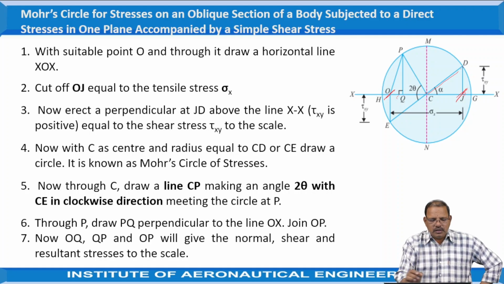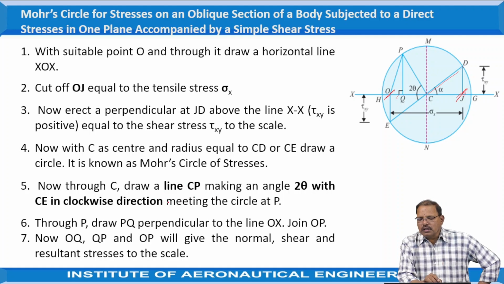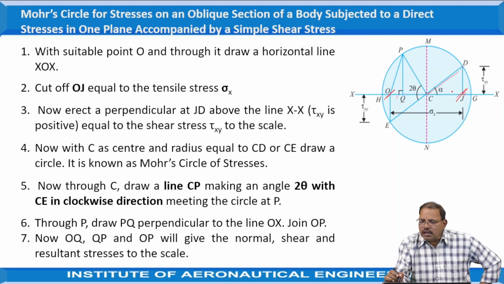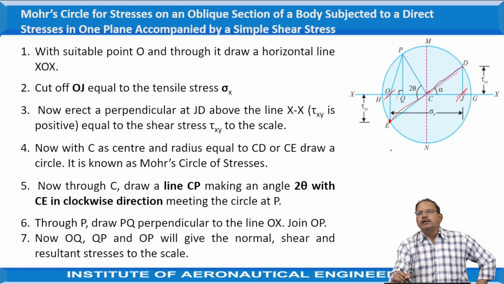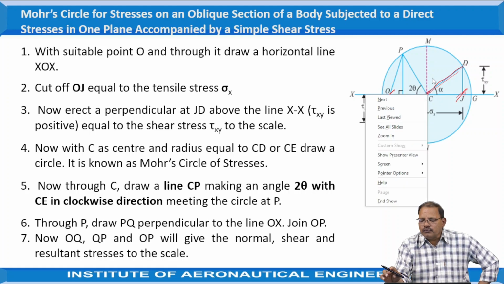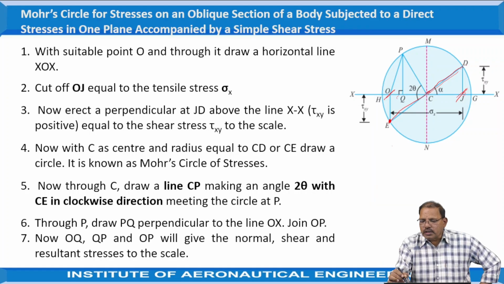Now join D and C, and extend this line further to meet the circle at a point E. Now from C, draw a line making an angle of 2 theta with respect to CE, to meet the circumference of the circle at a point P as shown in the figure.